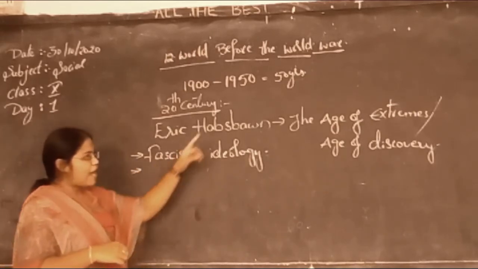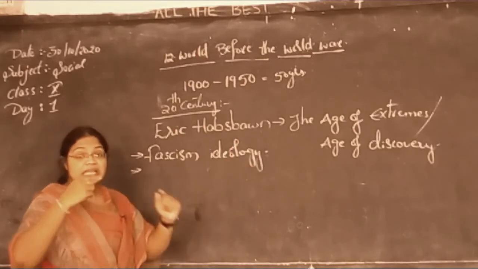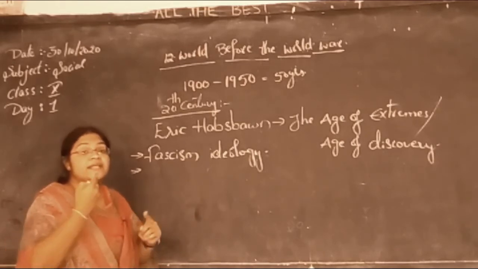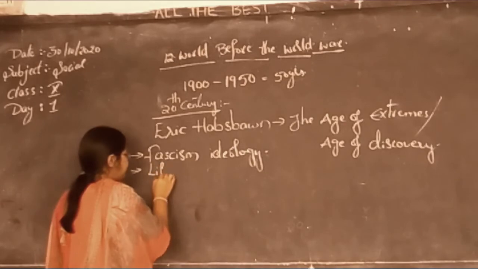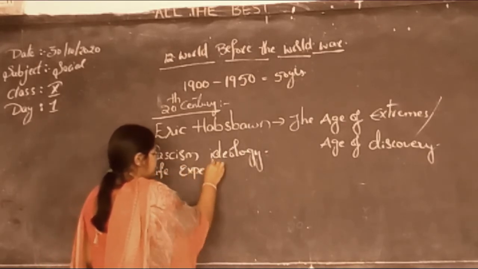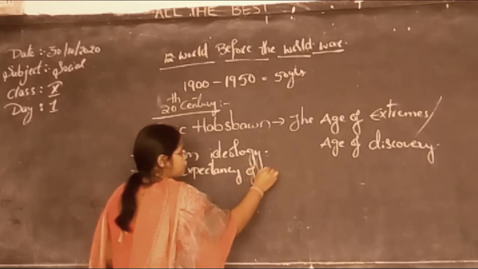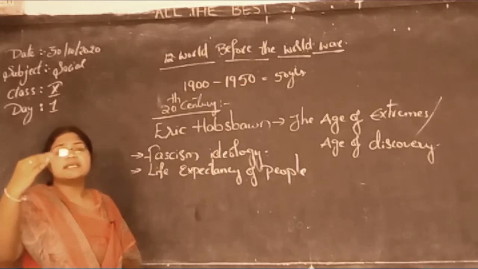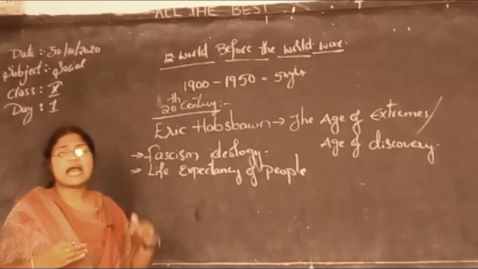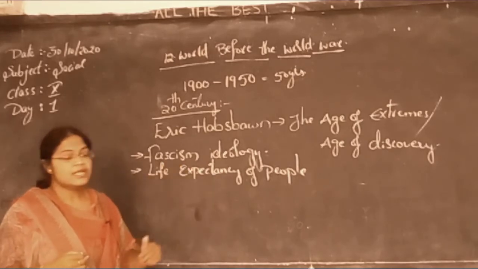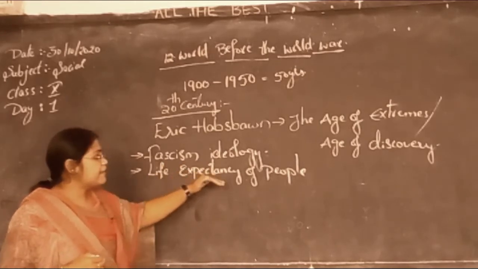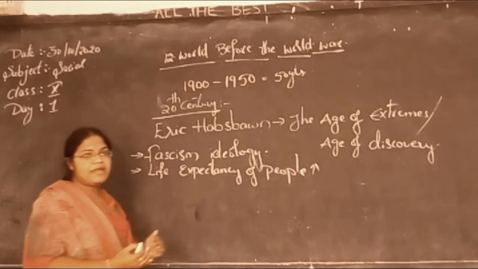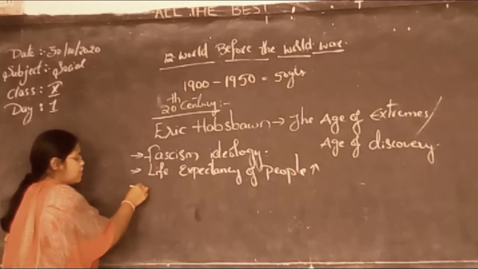At the same time, the age of discovery means life expectancy. The life expectancy of the people increased due to the introduction of new medicines and the development of science. When life expectancy increased, the literacy level also increased.